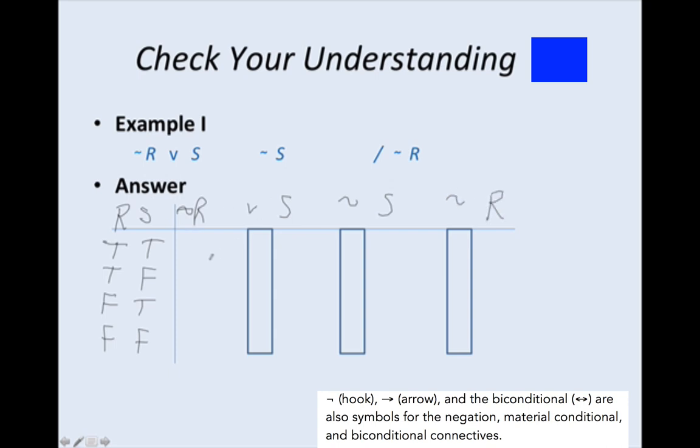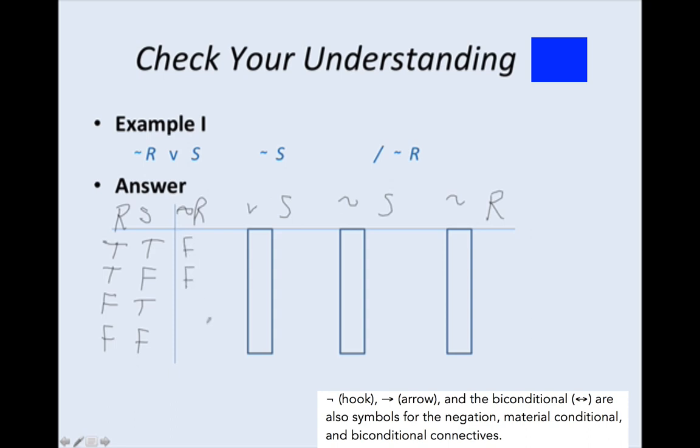And I know that looks a little bit awkward, but it's not going to keep us from doing what we need to do. We know that this sentence, negation R, disjunction S, has two connectives, two operators. Since the disjunction is the main connective, we're going to determine our values for R, not R first.